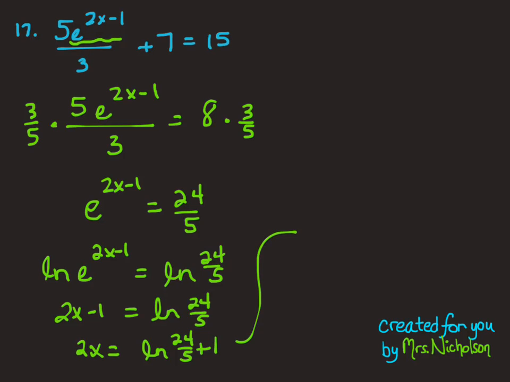And final step, divide by 2. And so x would be equal to the natural log of 24 over 5 plus 1, all divided by 2.